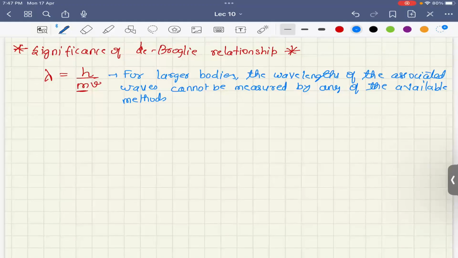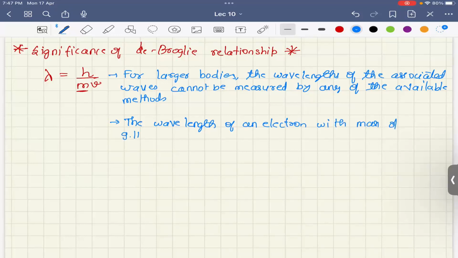Right. So we are going to show you the wavelength of an electron. Let us calculate the wavelength of an electron with mass 9.11 into 10 raised to power minus 31 kg moving at 10 raised to power 6 meter per second, right.